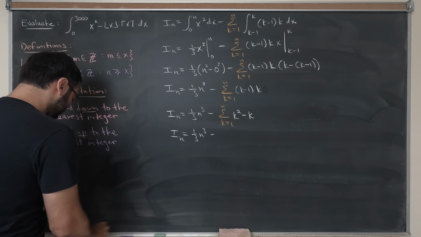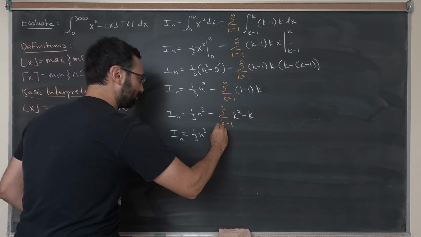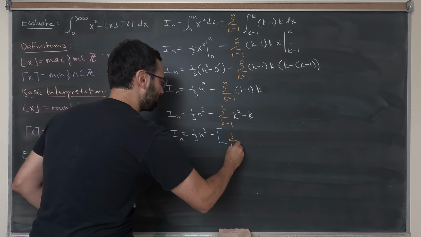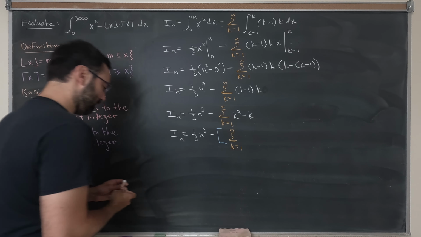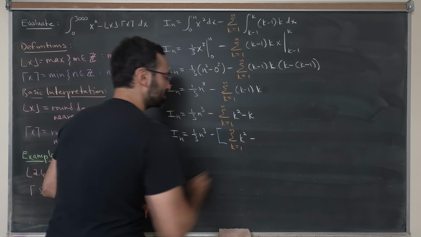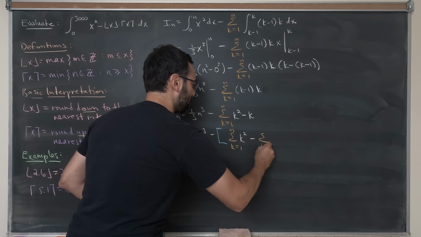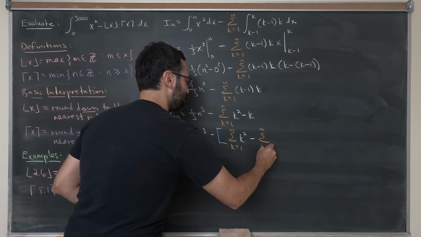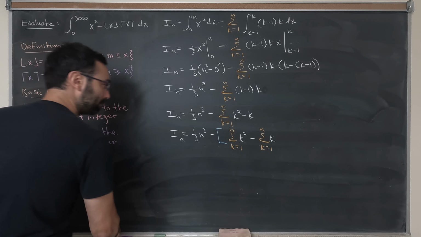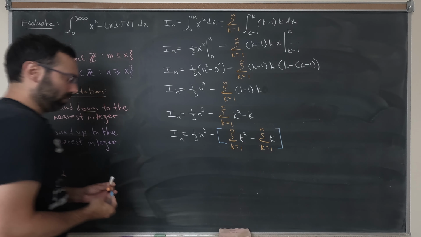So we have minus the sum from k equals 1 to n of k squared minus the sum from k equals 1 to n of k. Okay, that's great.